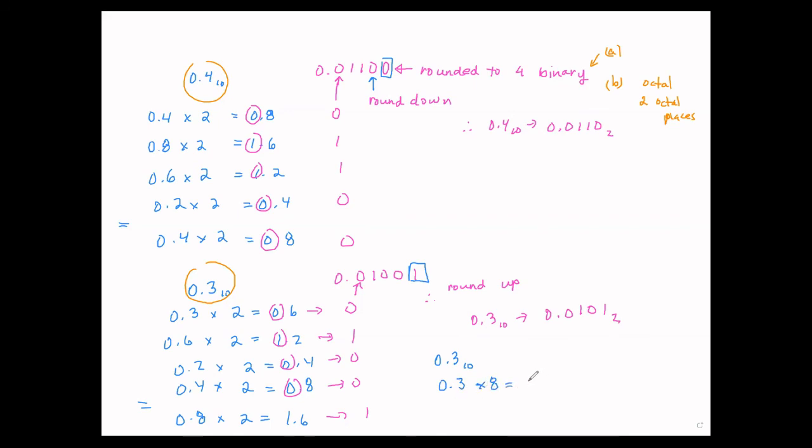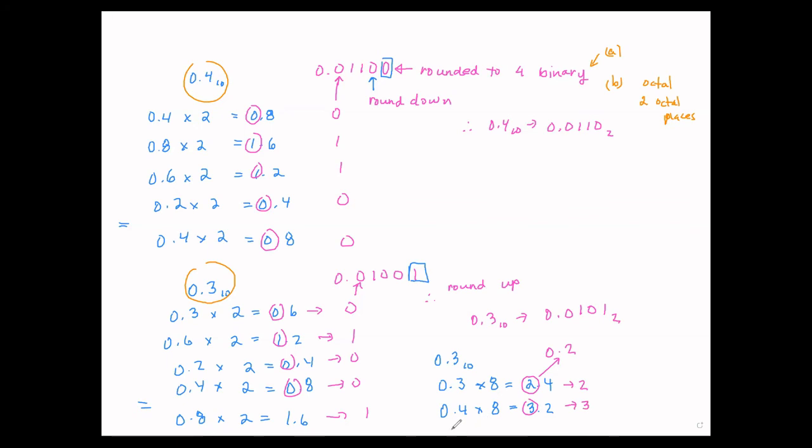So 0.3 times 8 is 2.4. So the first number to the right of the octal point will be 2. What's left over? We have 0.4 left over. 0.4 times 8 is 3.2. So the next number to the right of the octal place, this one was 2, the next one will be a 3.